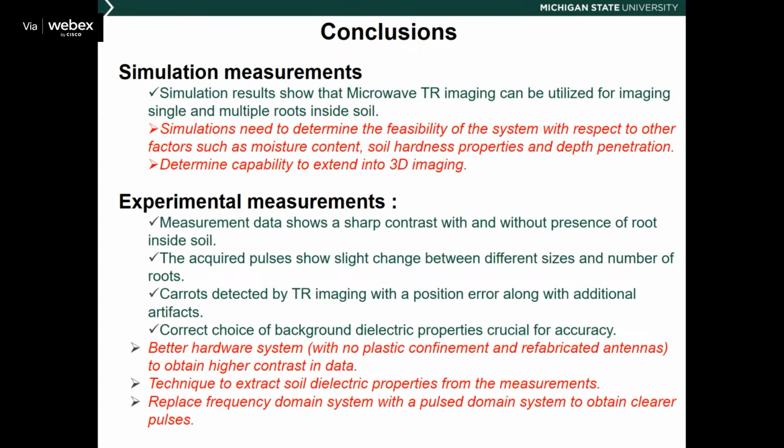This is some previous work we've done, but there are some technical gaps here that we need to determine: the feasibility of the system with respect to other factors such as moisture content, soil hardness properties, and depth penetration. And we also want to make this into 3D imaging, as we showed that the root system is a complex 3D structure. For experiments, we have some success so far, but we also want to have a better hardware system. And I will go into some of the details to show you why.